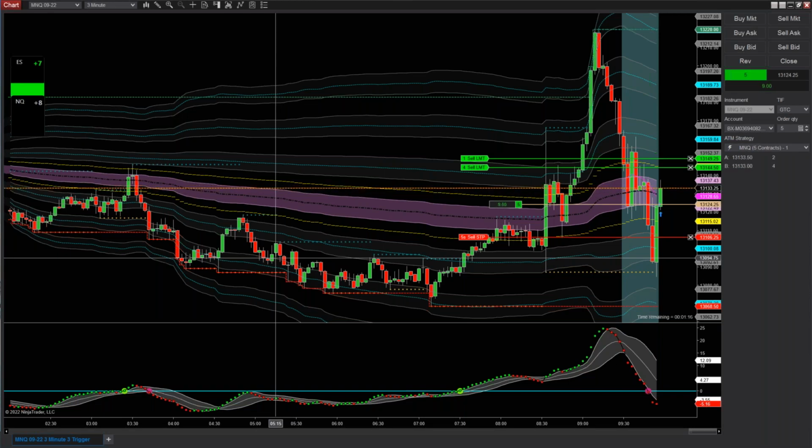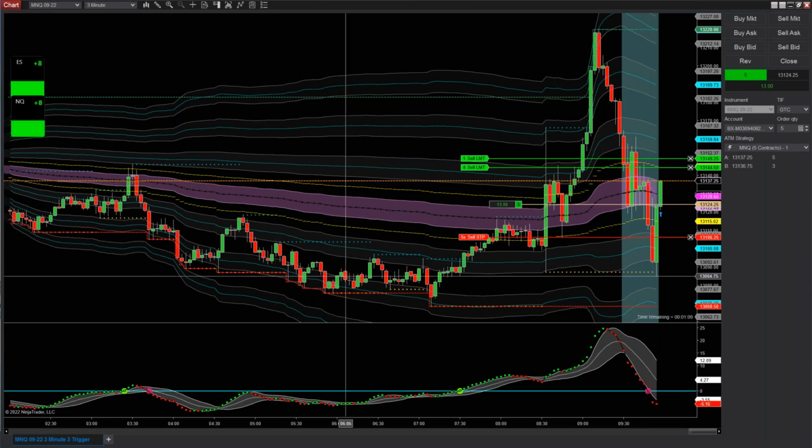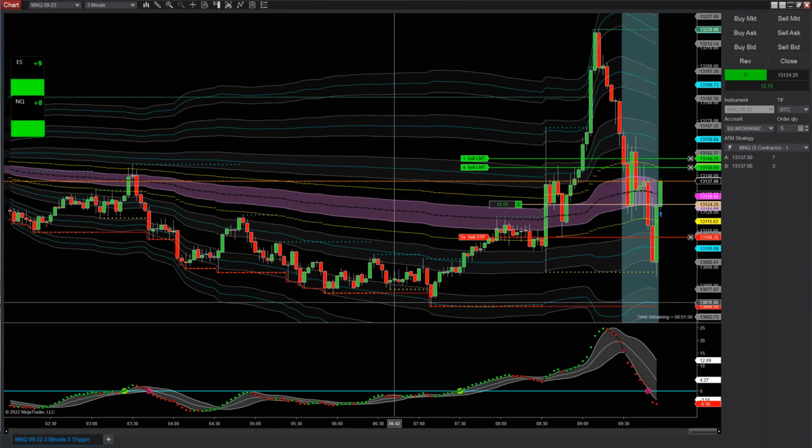And basically, this is how I trade the MNQs. Again, based on not only the candle patterns, but also the deviation levels.